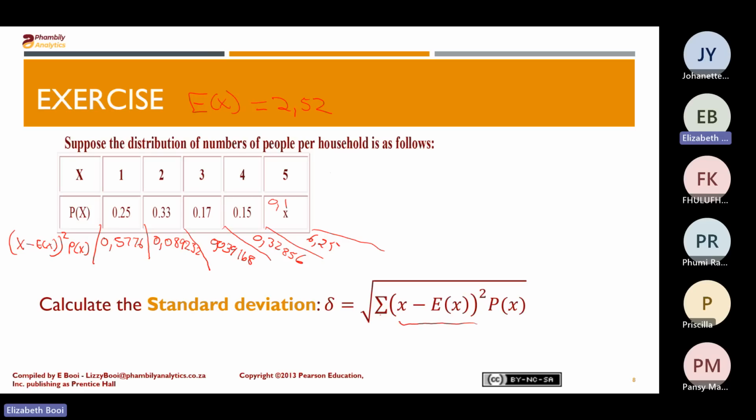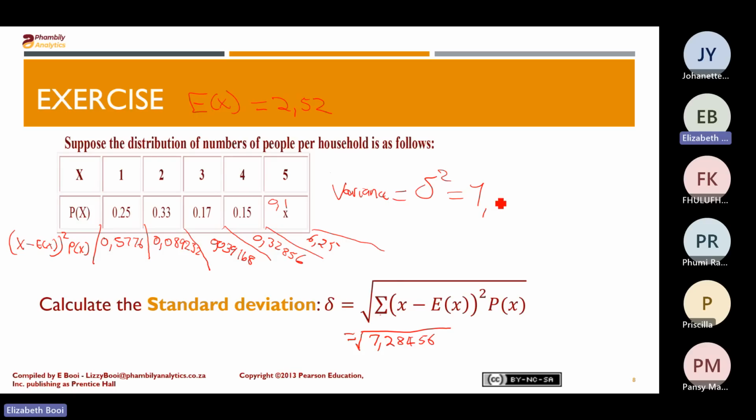And the answer I get, the square root of everything underneath the square root, gives me 7.28456, and that is your variance, and this is your variance.